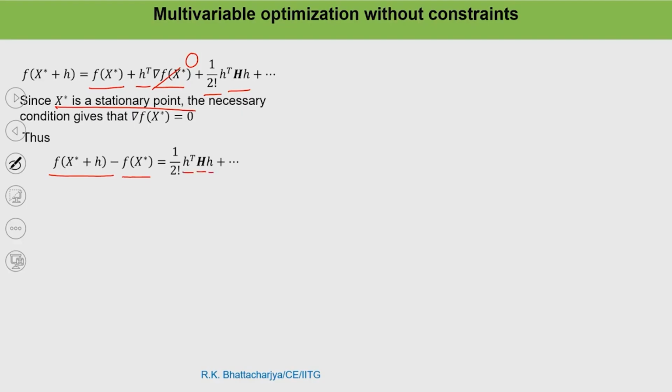Okay. Now, it depends upon whether this value is positive or negative. If it is positive, then f of x star plus h minus f of x star is positive. In that case, x star will be a minimum.